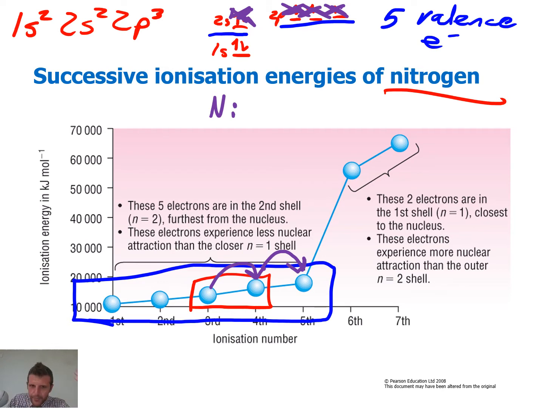And then on top of that, we had removed 5 electrons, so there's a ratio of 7 protons to 2 electrons, which is incredibly disproportionate. The number of protons is so much greater than the number of electrons that the attraction is insane.